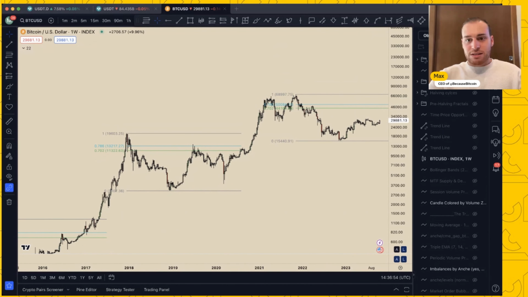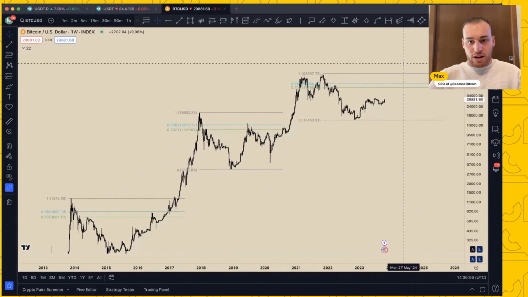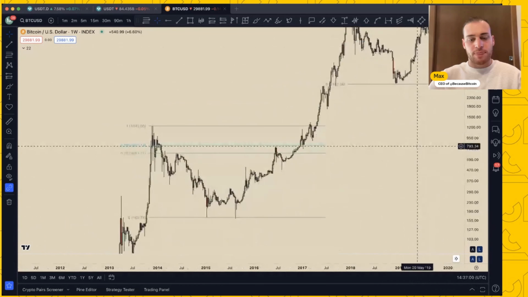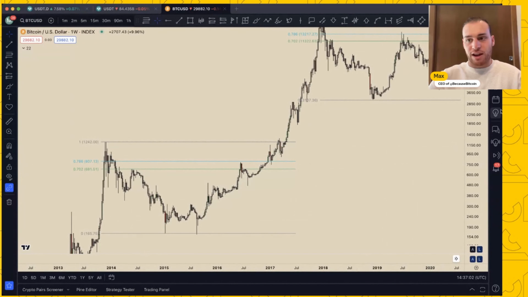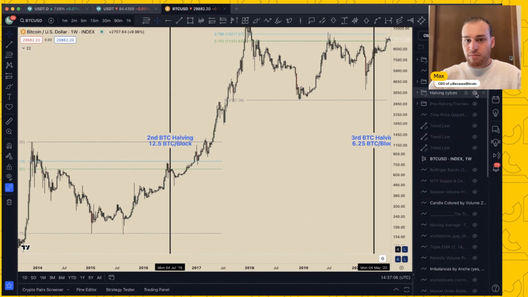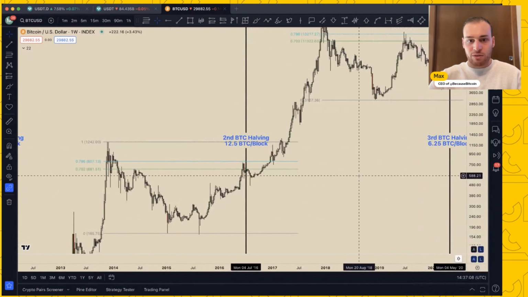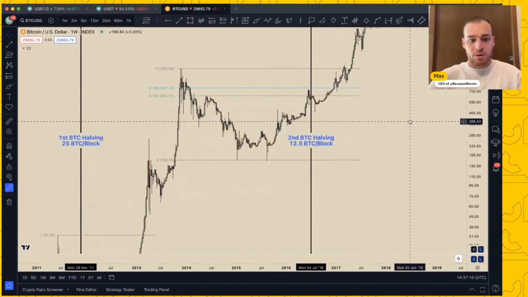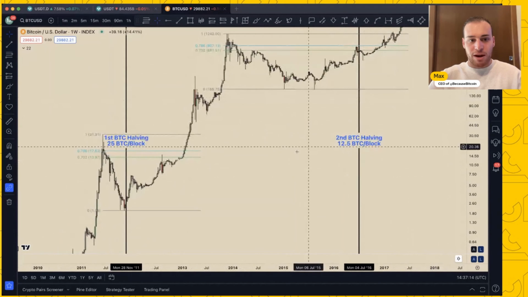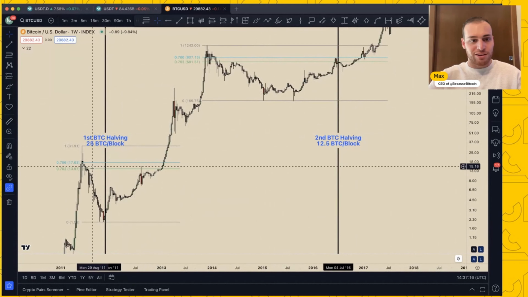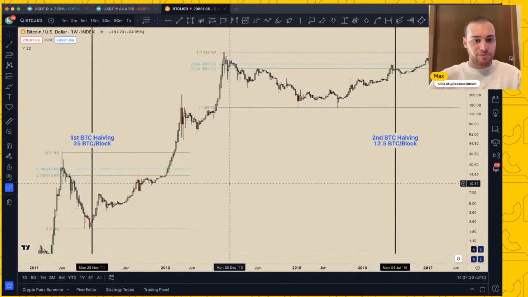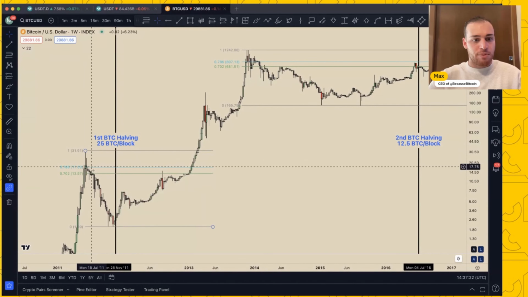So this was a thesis created by one of our team members, where if you take a measured move on Bitcoin, and this is before the halving actually, so let me put on the Bitcoin halvings right here. Each time before a Bitcoin halving, you could see that we came back, or I guess before the next cycle, this one technically wasn't, but before we really had blast off, you can see that from top to bottom.